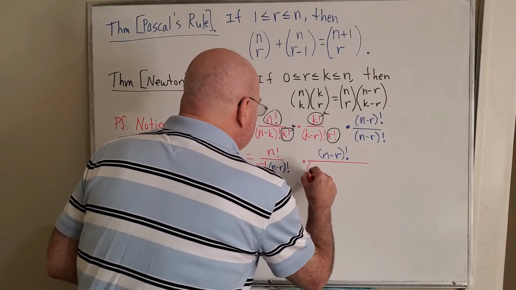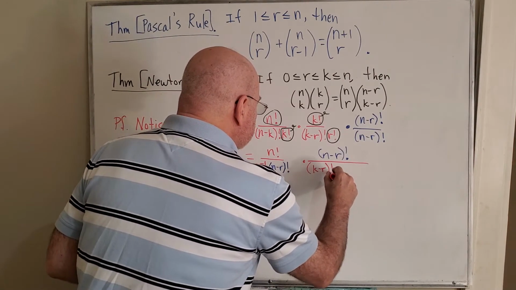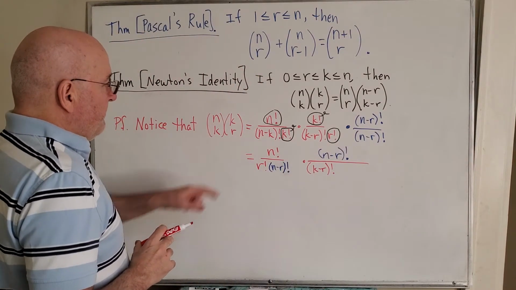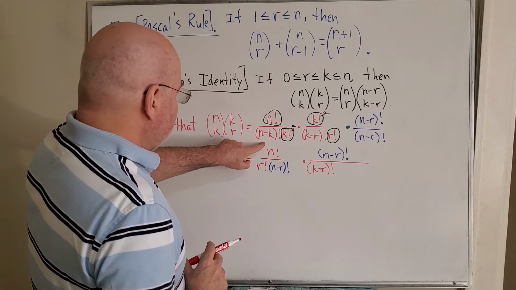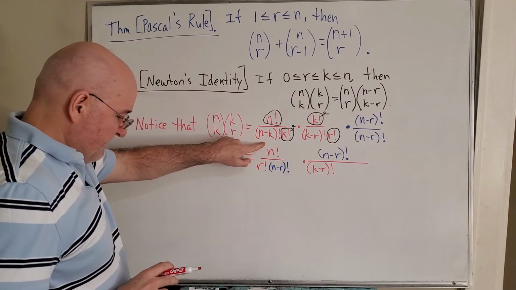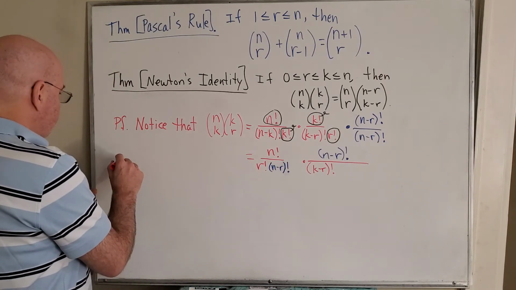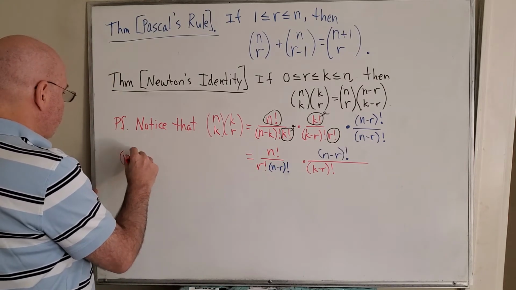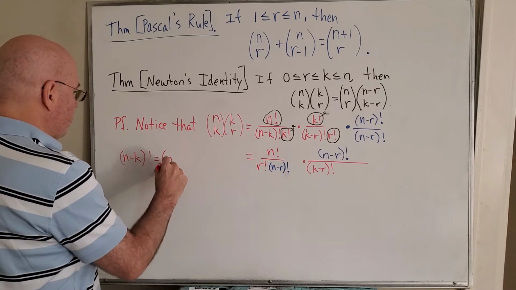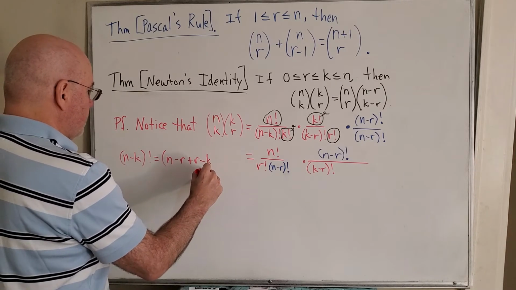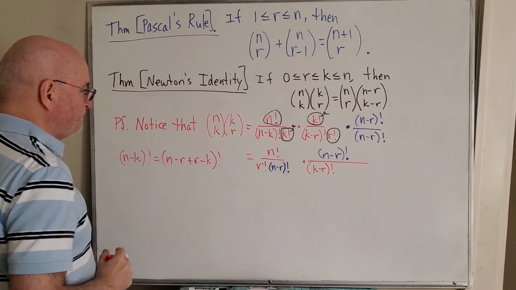So k minus r factorial, that didn't move. But I still have this n minus k factorial. I think that's the only thing I have not dealt with. I'm just going to make a note that n minus k factorial is equal to (n minus r) plus (r minus k) factorial.